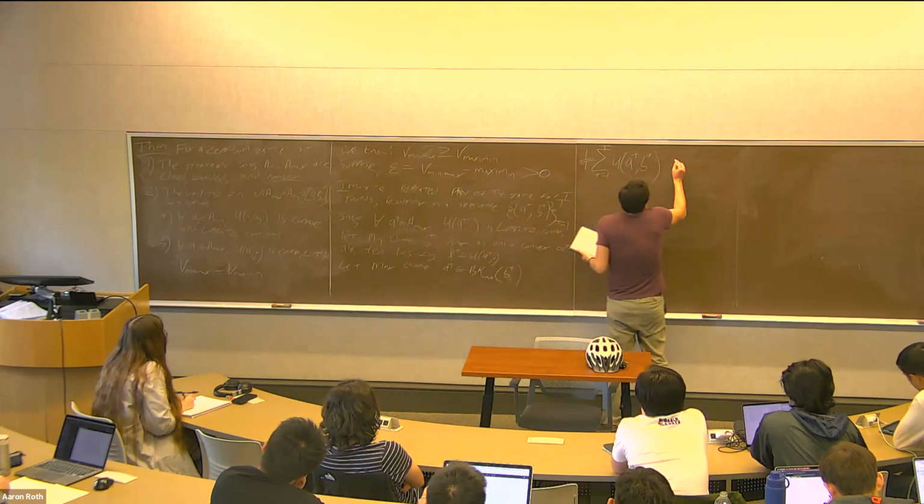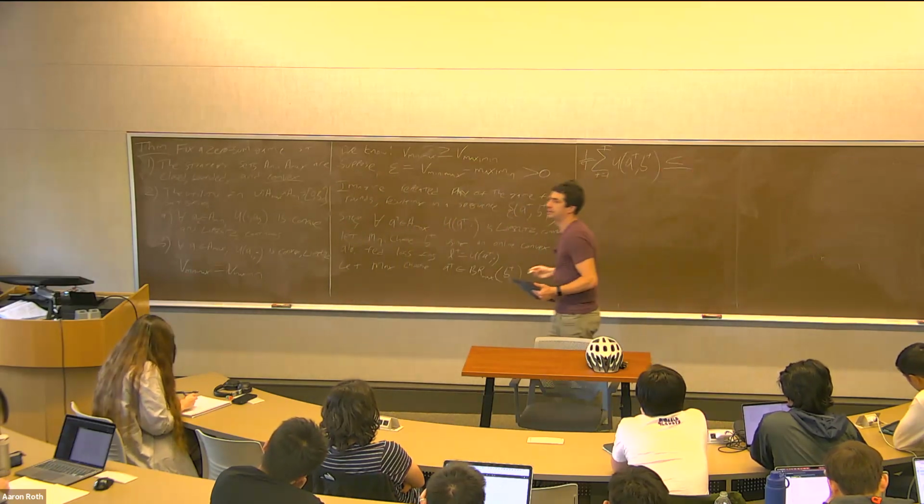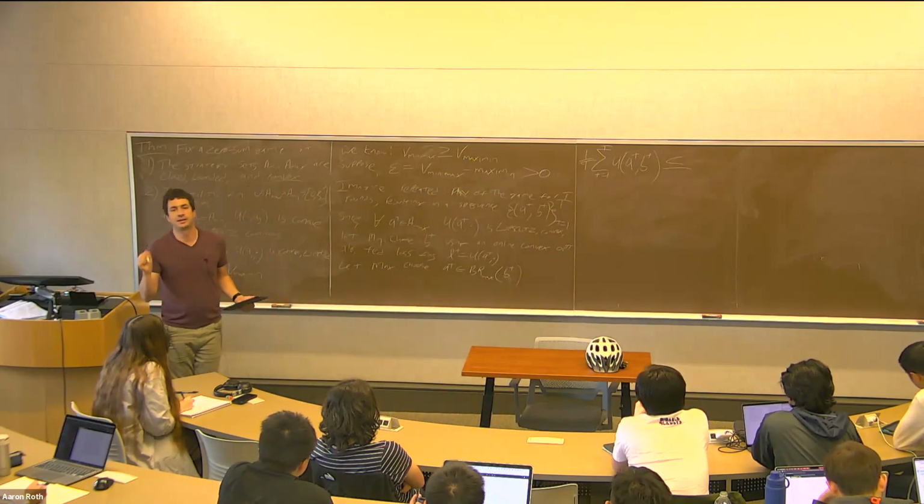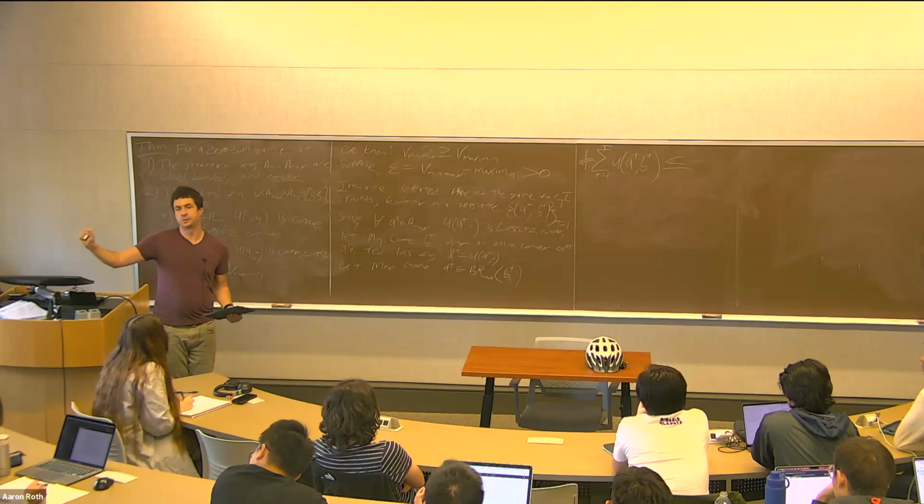We know that the cumulative losses of online gradient descent are no more than the loss of the best fixed action in hindsight plus a regret term.